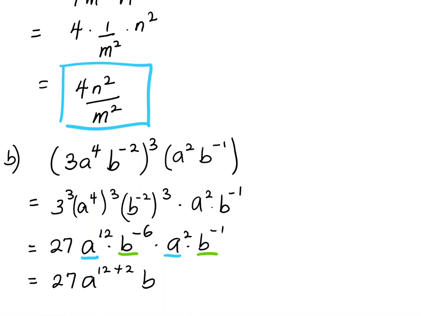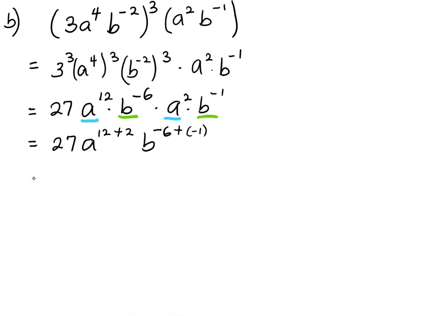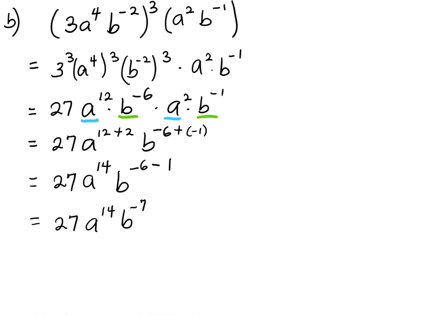Then what we need to do is to add the powers as well. So -6 plus -1. All right. So equals to 27, a raised to power of 14, then b raised to power of negative 6, plus times minus is minus 1. So that is 27, a raised to power of 14, b raised to power of negative 7.